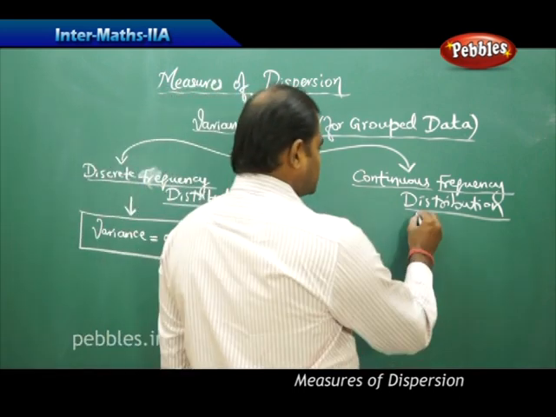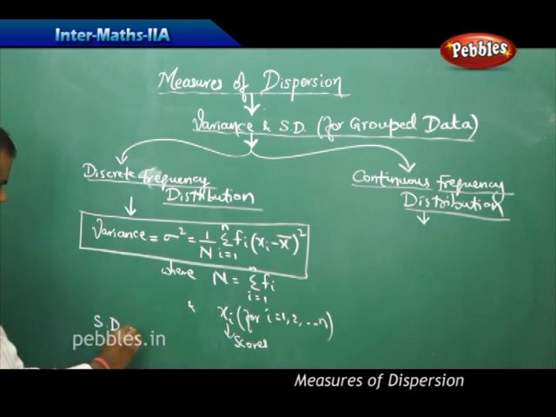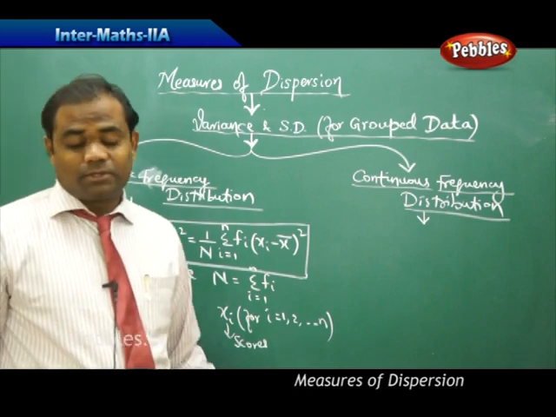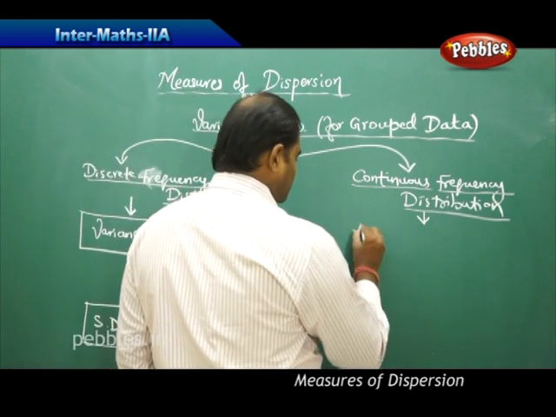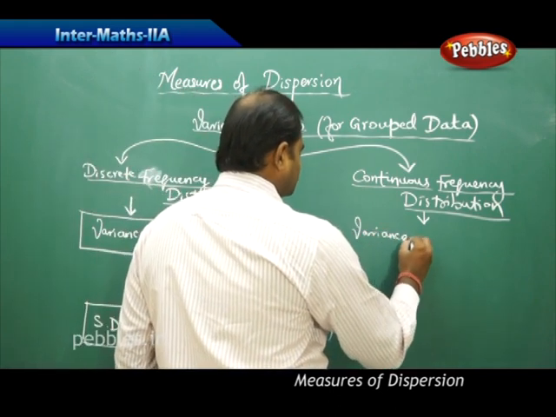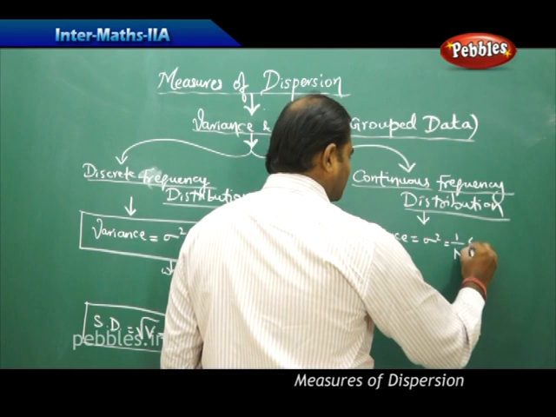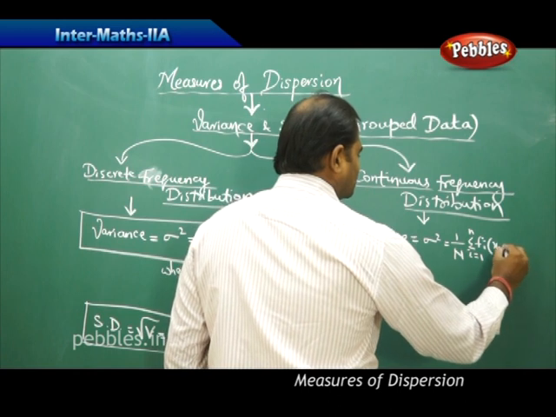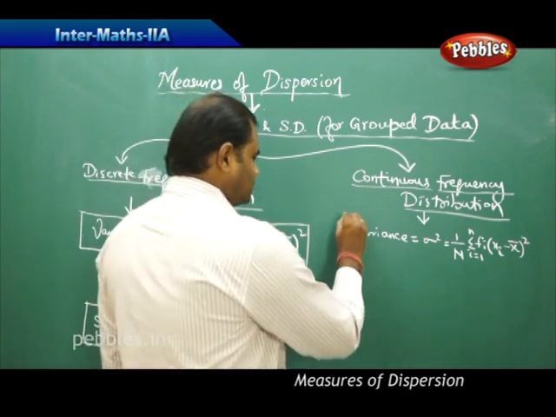Similarly, for a continuous frequency distribution, the standard deviation is nothing but the root of variance, that is sigma, which we define universally. Once we know the variance, the positive square root of variance is the standard deviation. Here, my variance in the case of a continuous distribution table is given by sigma square, that is 1 by n, sigma i running from 1 to n, fi times (xi minus x bar) whole square.